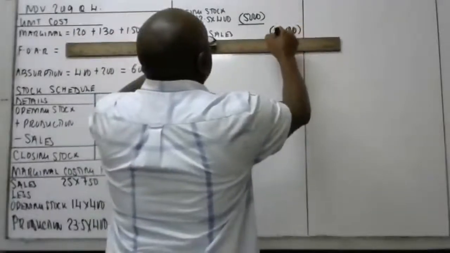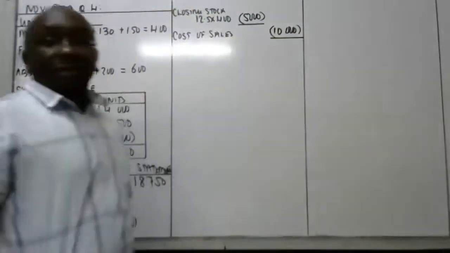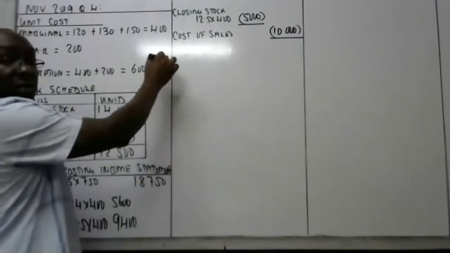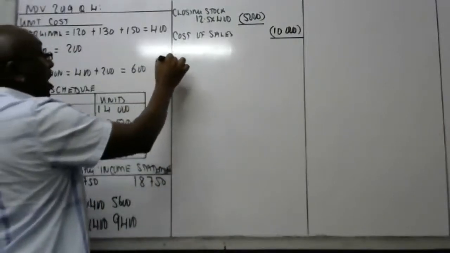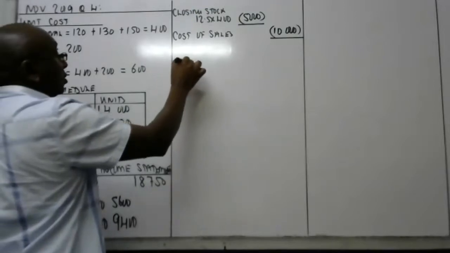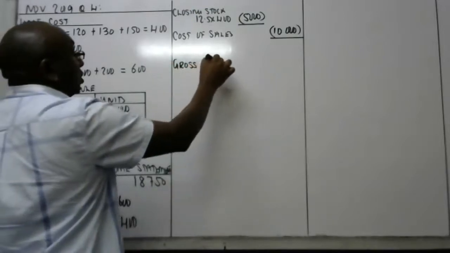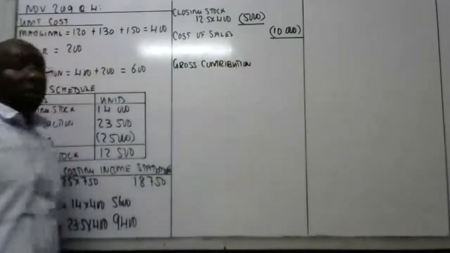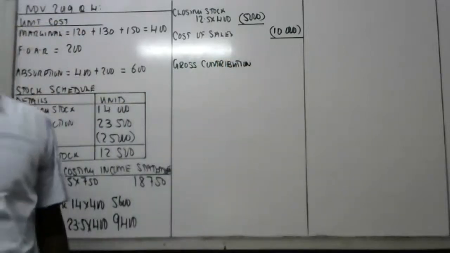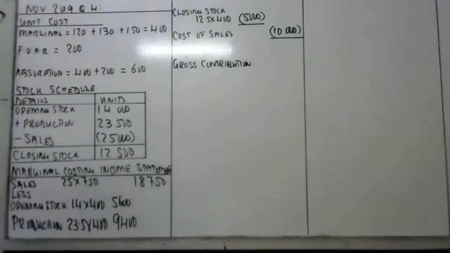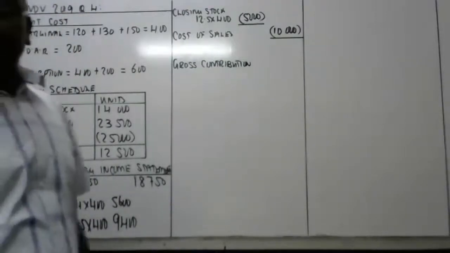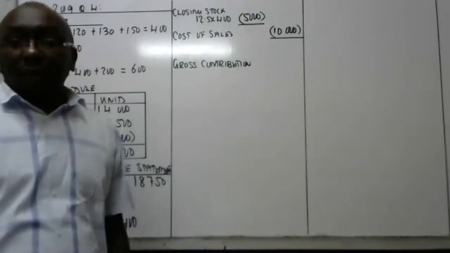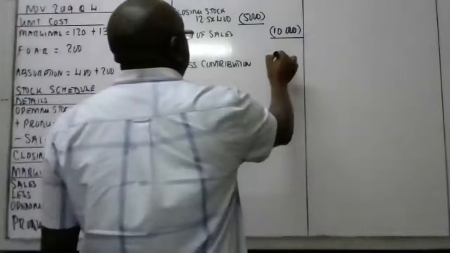So these 10,000, subtract it now from the sales so that we have the gross contribution. The gross contribution will be how much? 8,750.